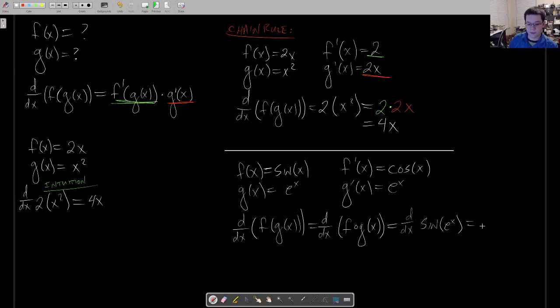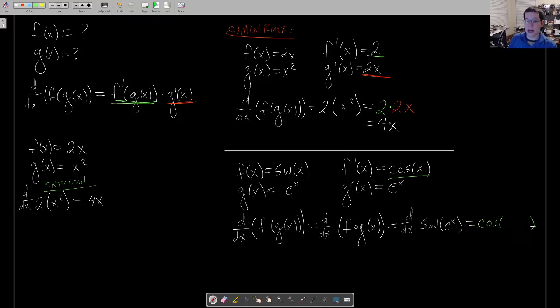Derivative of that is derivative of the outside, so cosine, derivative of the inside, no, times the inside, let me say that again.